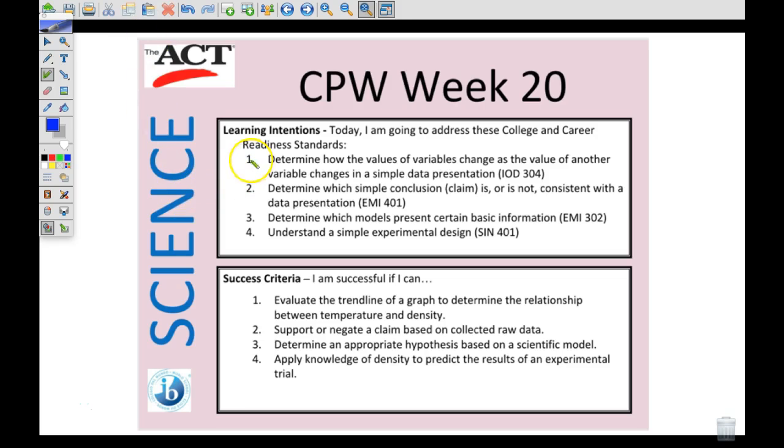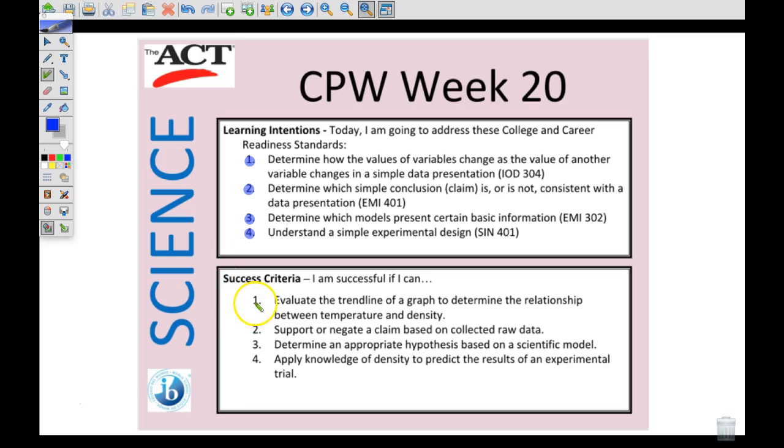Today, we're going to be determining how the values of variables change as the values of another variable changes in a simple data presentation. Then we'll determine which conclusion or claim is or is not consistent with the data presentation. Then we'll determine which models present basic information, and then understand a simple experimental design.